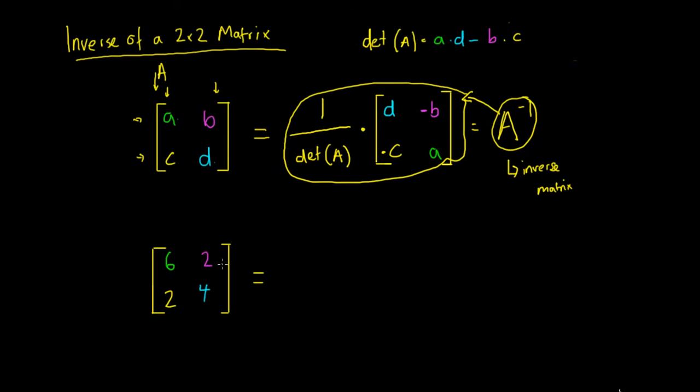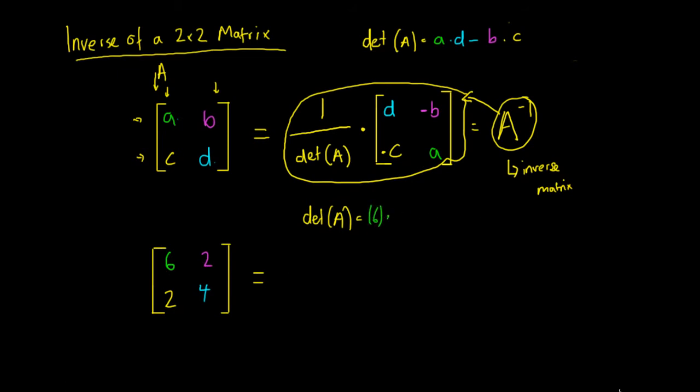So say we're going to do an example down here now. We've got 6, 2, 2, and 4, this matrix here. The first thing that we need to do when we're working out our matrix is we're going to work out our determinant of A. So we know that the determinant is A multiplied by D minus B multiplied by C. So our A is going to be 6.